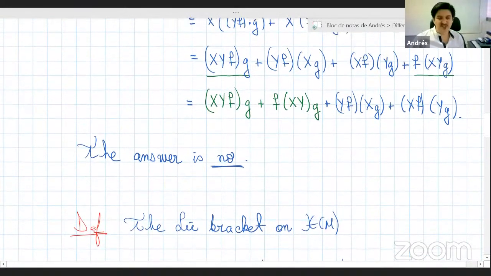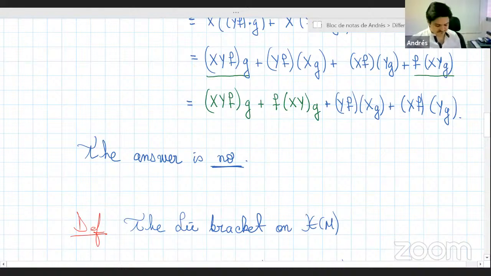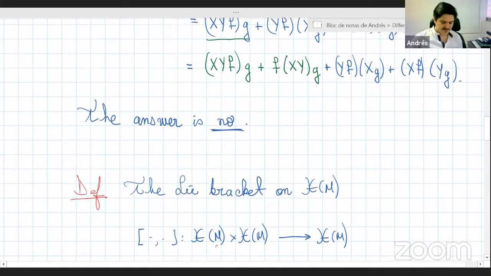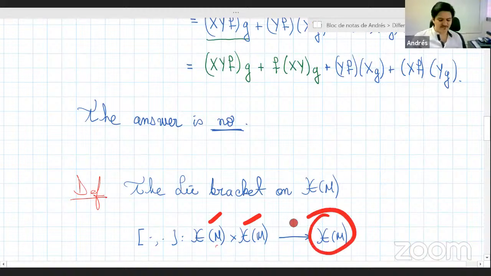and that's the definition, and that's going to be what we will call the product of two vector fields, and it is usually called the Lie bracket. So I'm going to take two vector fields, and I'm going to obtain a new vector field.